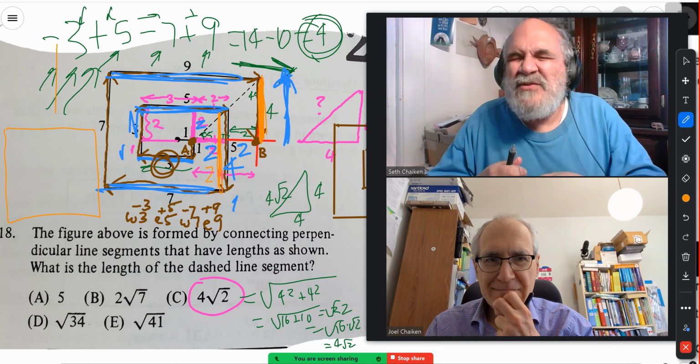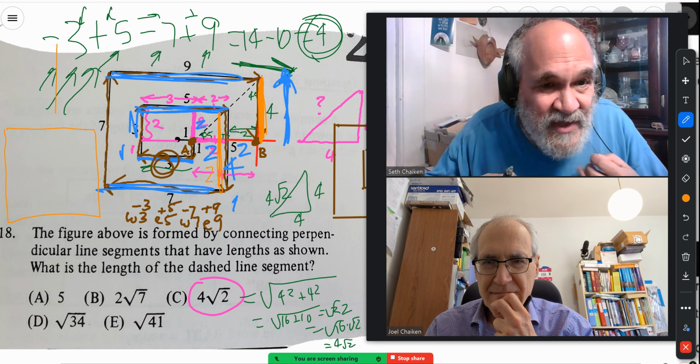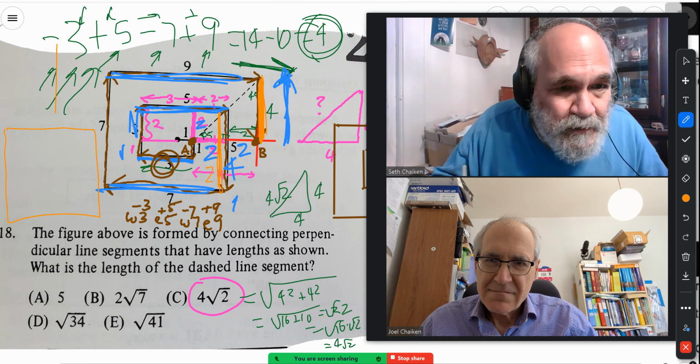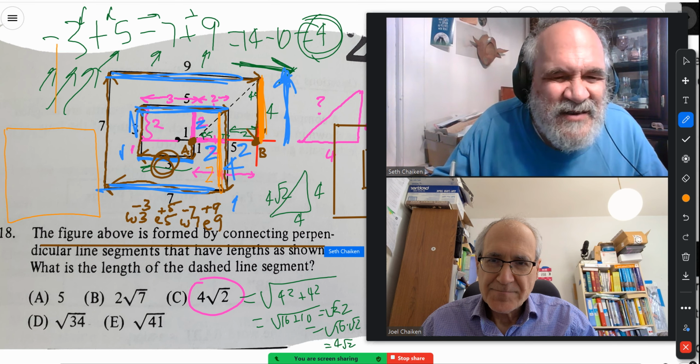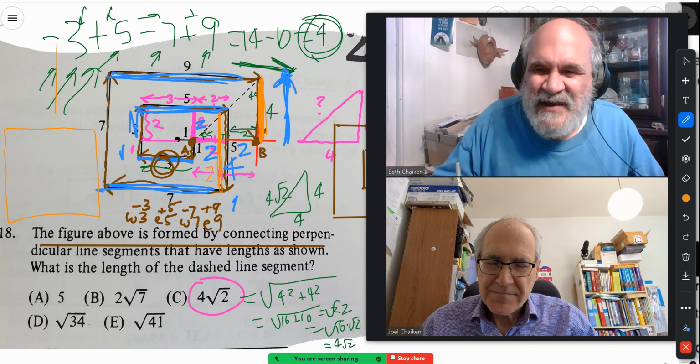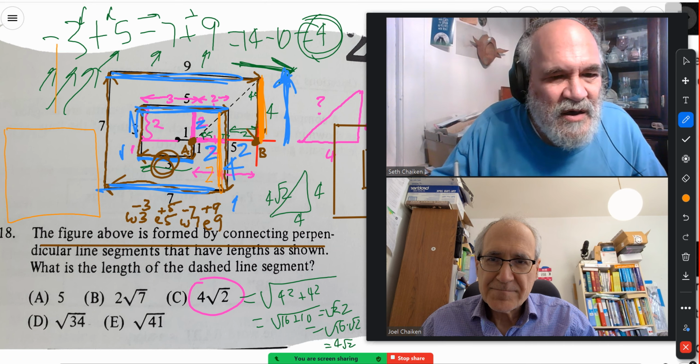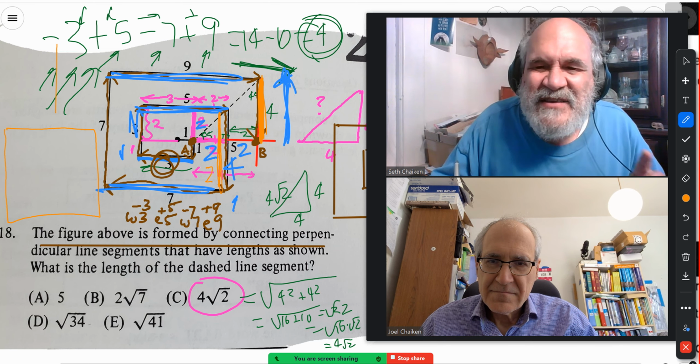Okay. But the thing is, you could change. So this is what it says. The figure above is formed by connecting perpendicular line segments that have lengths as shown.